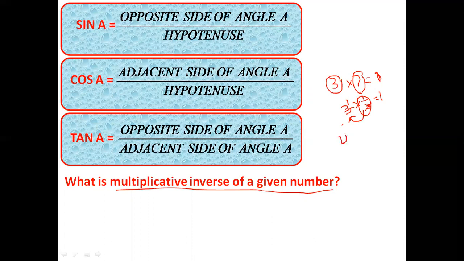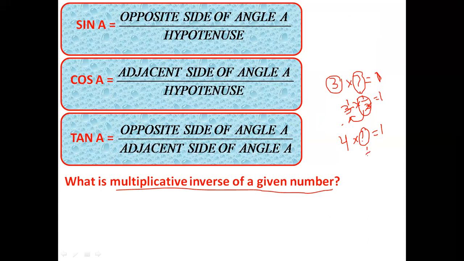Suppose you take 4, what is the multiplicative inverse of 4? That means which number you have to multiply with 4 to get 1. So you have to keep 1 by 4 in place of the question mark.